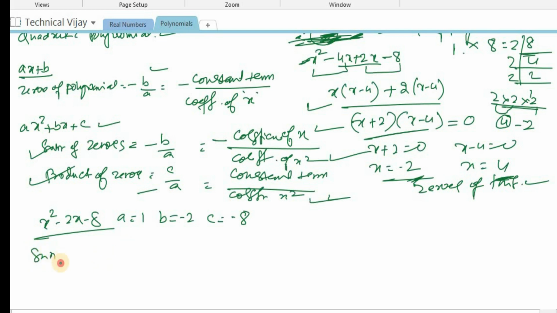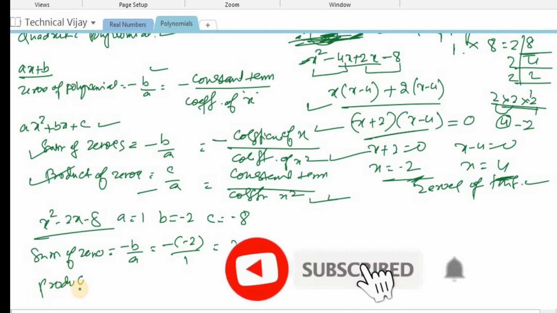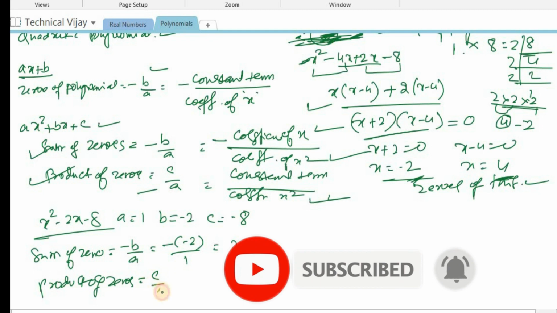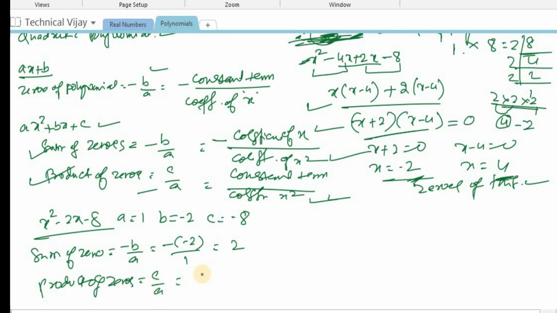The sum of zeros can be found using the formula minus b by a, which is minus into minus 2 divided by 1, so it is equal to 2. In the same way, the product of zeros is c by a, which is minus 8 divided by 1, so it is equal to minus 8. So the sum will be 2 and the product will be minus 8.